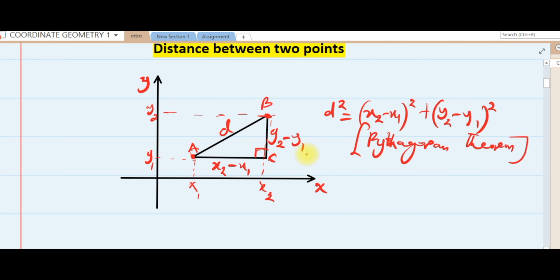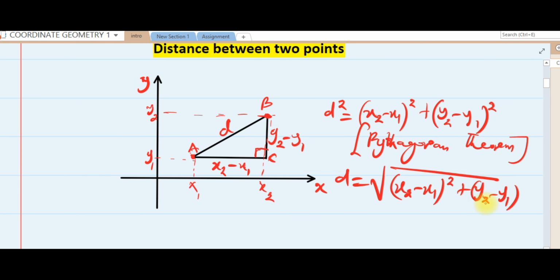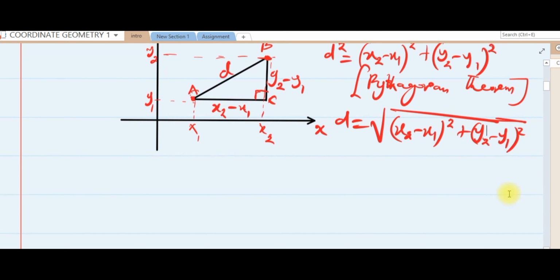Therefore we are asked to find D, the distance. So distance is now the square root of x2 minus x1 squared plus y2 minus y1 squared. So that's our answer.